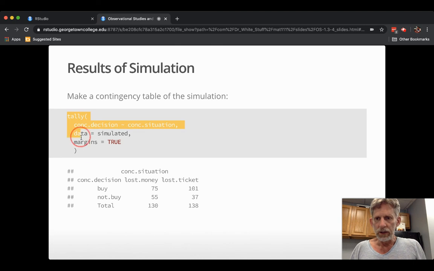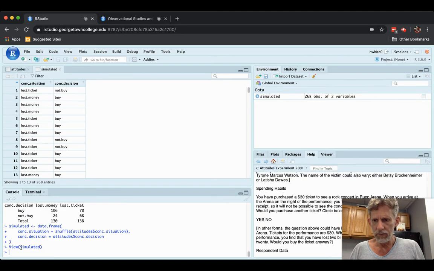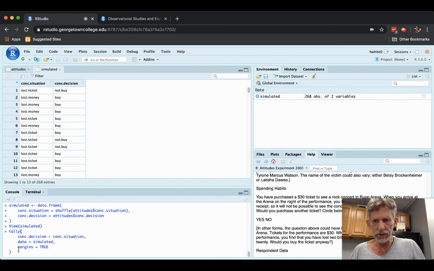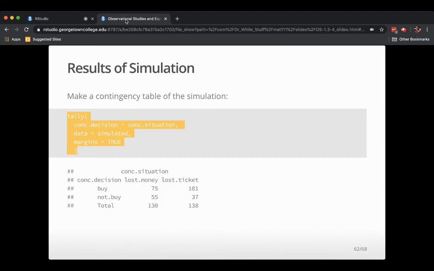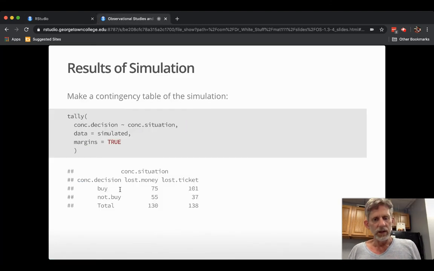And so you can run it here in RStudio, and you'll get a tally that pertains to the simulated table that you just made. Now, what I've got here is a tally based on the simulated table that I made when I made these slides. So it's not going to be the same as the one you see, but I bet the results would be pretty similar.